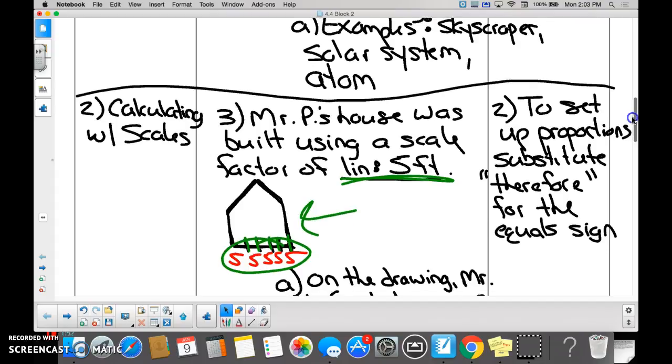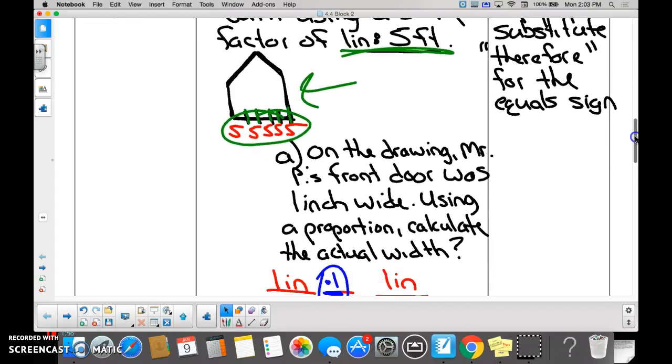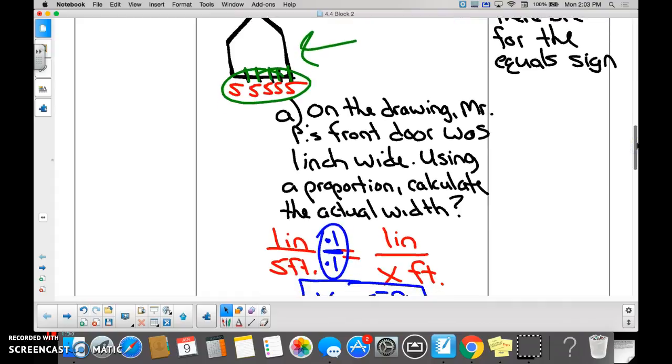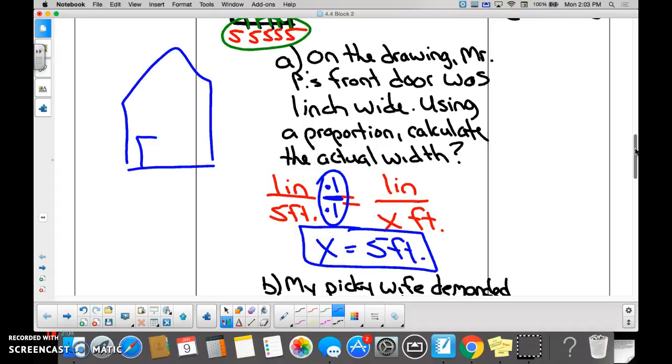Okay. So when you have a problem like letter A here, I want to know on my drawing, here's my house. Here's my front door. And I said to my builder, how wide is my front door? And the builder said, figure it out yourself, you're a math teacher.